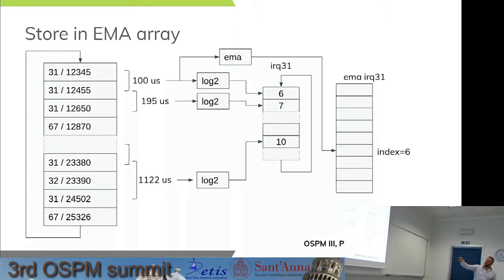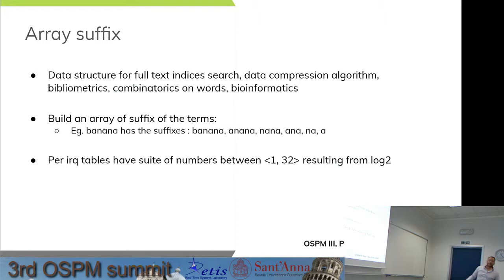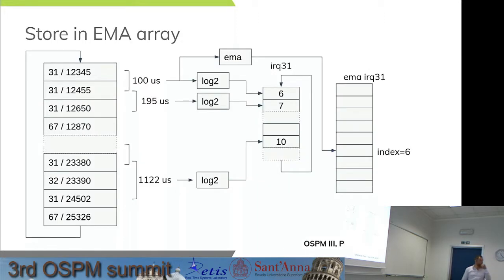After storing this value, this log2 gives an index on another array, and at this index we compute an exponential moving average of all the values entering it.